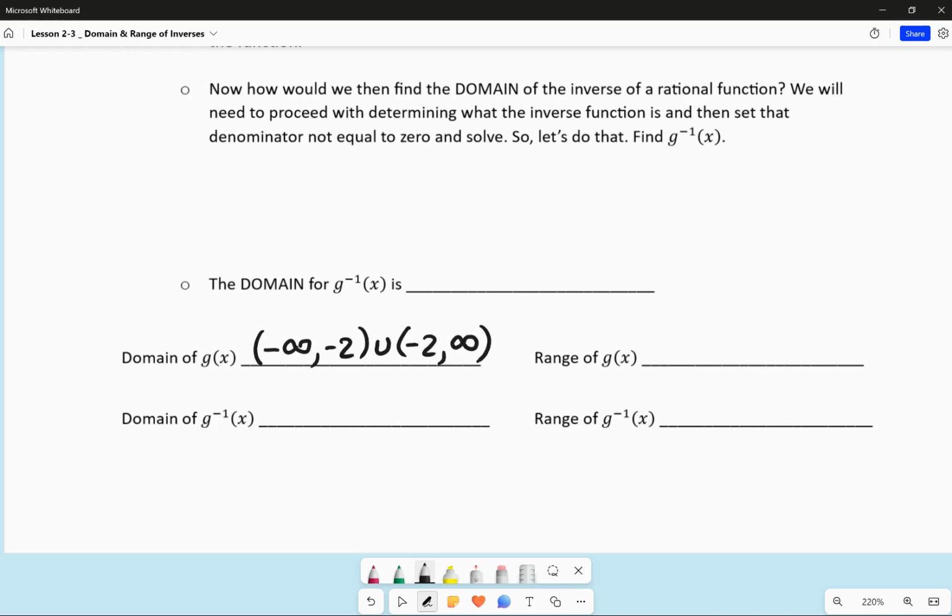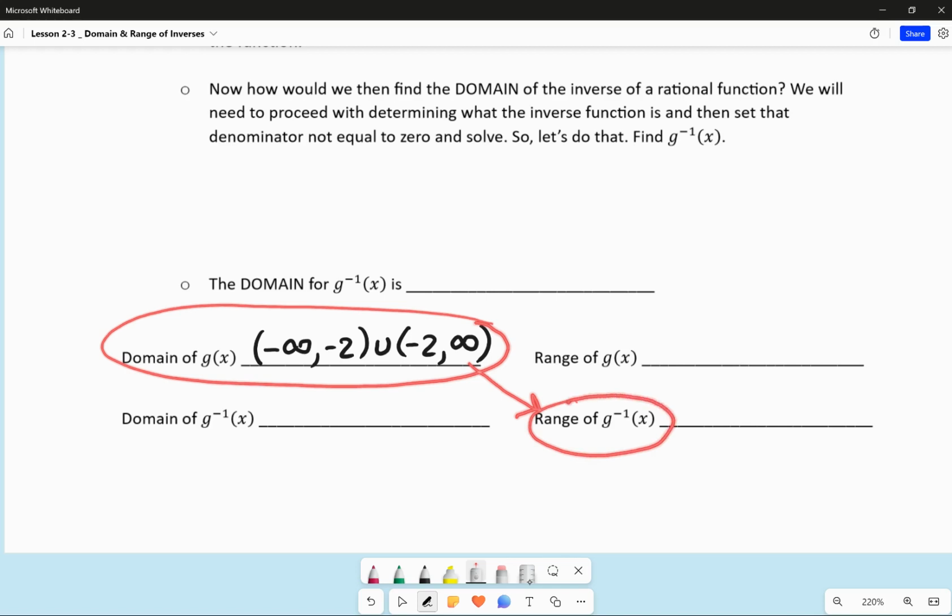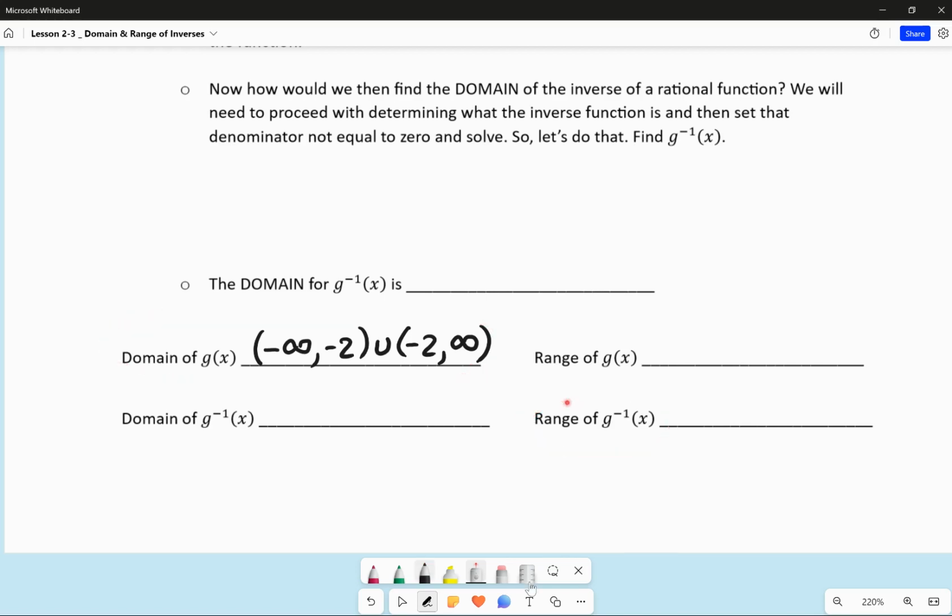But because we know that inverses are just the interchange of the x and the y values of our function, that implies that if the domain of G is this, then the range of the inverse has to be the same. So I'm going to put the same answer down here. Negative infinity to negative 2 union negative 2 to positive infinity.